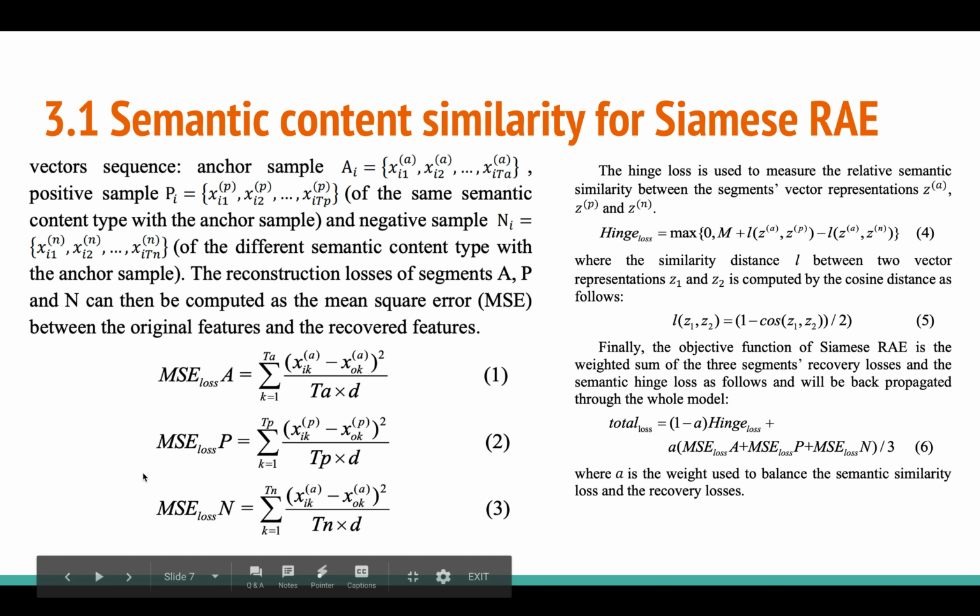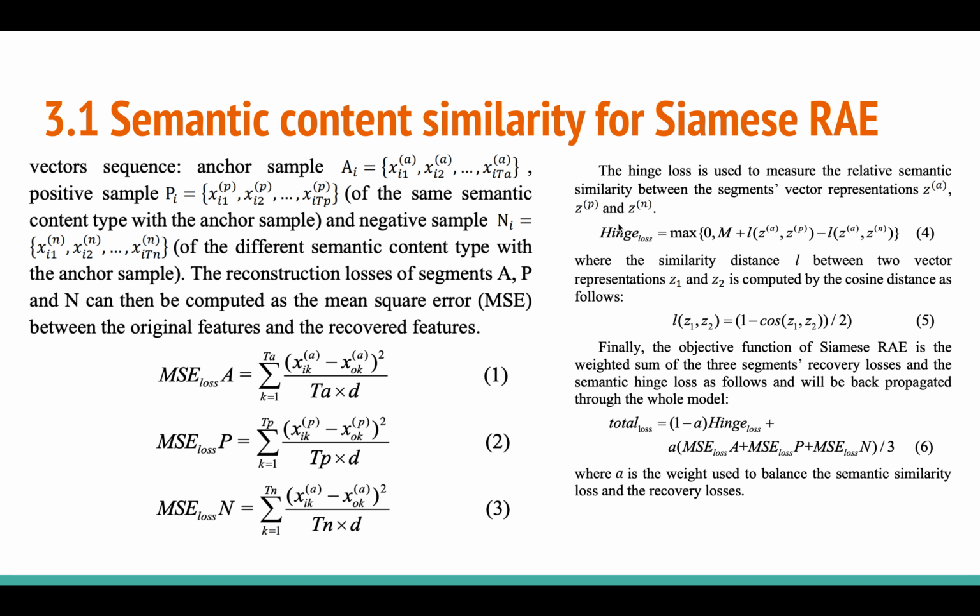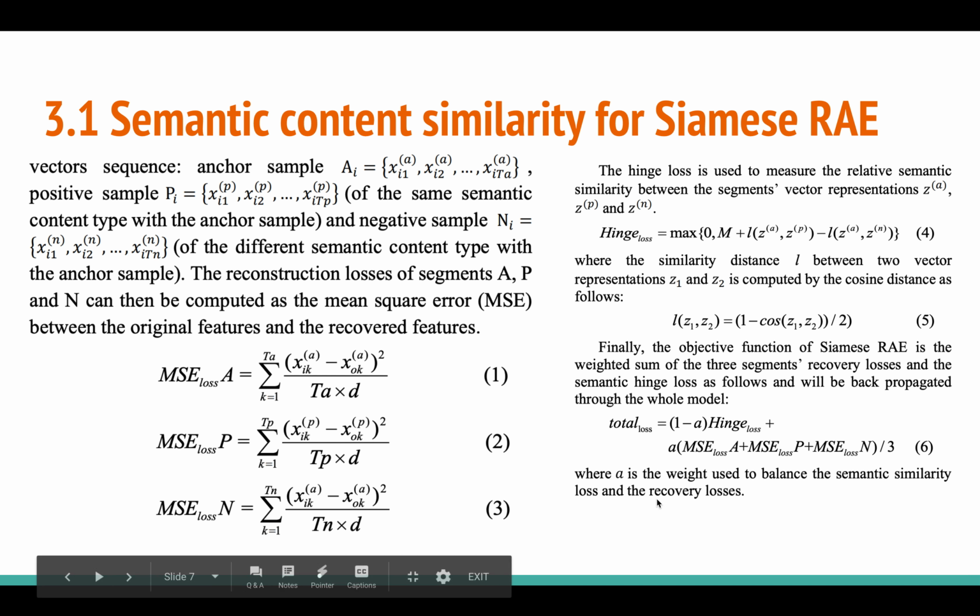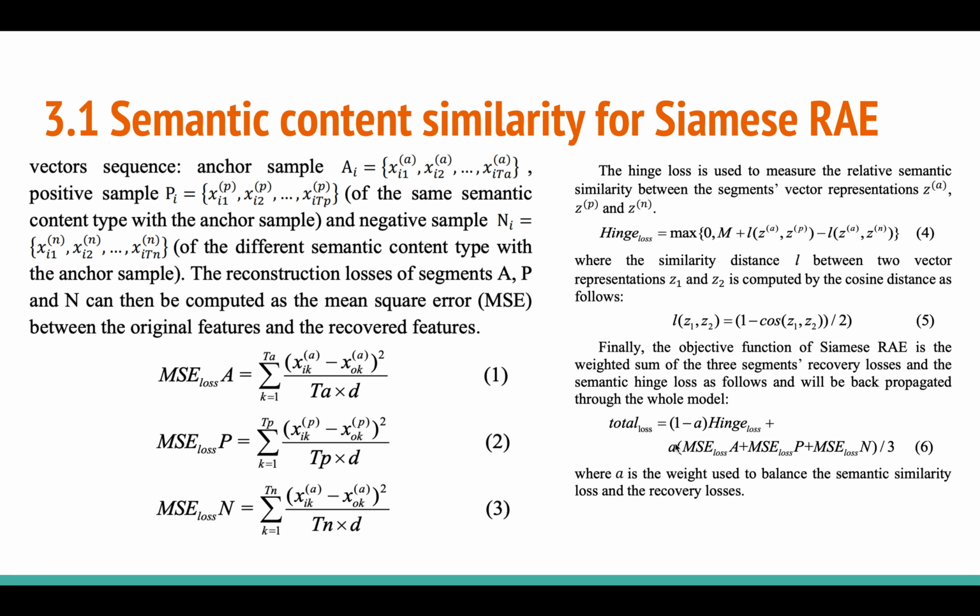Then we have this mean square error loss, which is the reconstruction loss, and we have this hinge loss, which tells you how semantically similar these two words, for example, are. Finally we combine these two losses to get a total loss, which is a weighted sum of the hinge loss and the reconstruction loss.